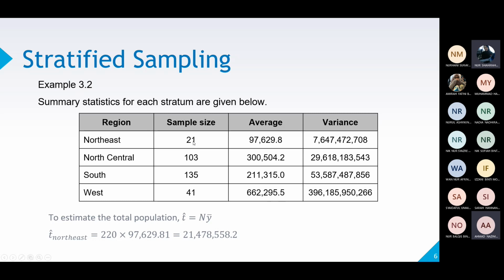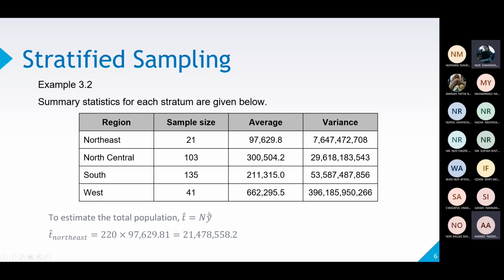For the 21 sample size, we have an average acreage of 97,000, 300,000 for North Central, 211,000 for South, and 662,000 for the West.